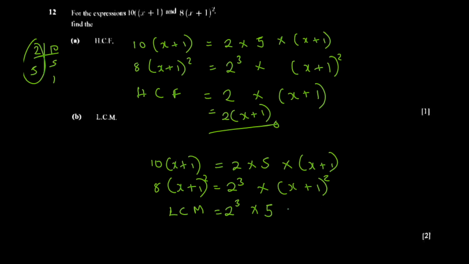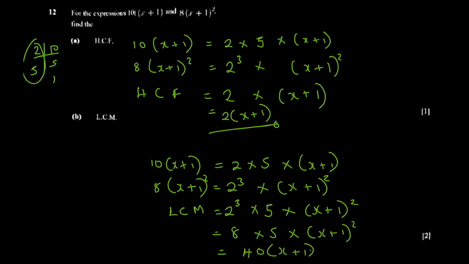Okay. Then for x plus 1, what are we going to take? Higher power. Which is 2. Okay. So here you get what? 8 by 5 by x plus 1. So you get what? 40. Yes. Get 40, times x plus 1 squared. That's it. And then you're done. Yeah.